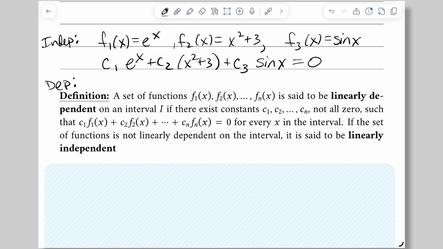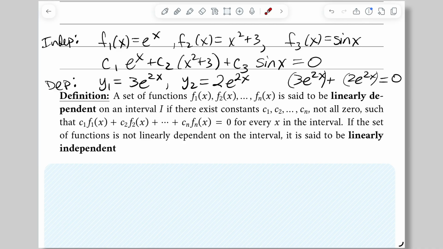By contrast, if we said, say, y1 equals 3e to the 2x and y2 equals 2e to the 2x, this is a dependent set of functions. If I wanted a linear combination, that's what this is, that adds up to 0, all I need to do is multiply 3e to the 2x by negative 2, and then 2e to the 2x by 3.